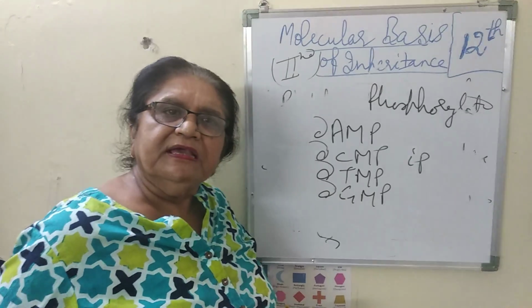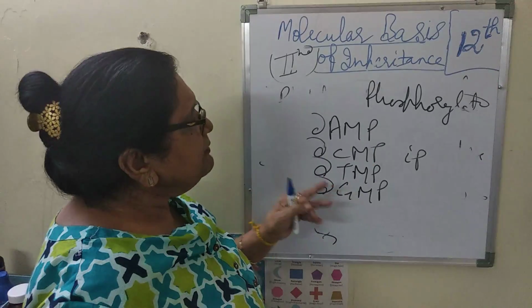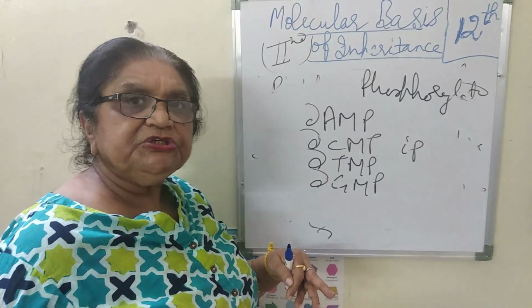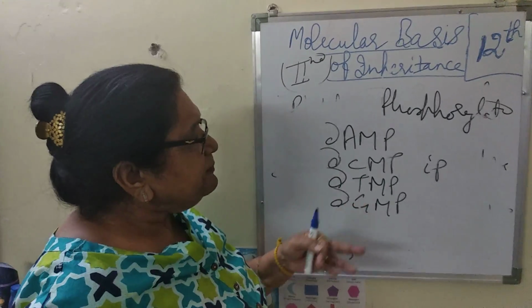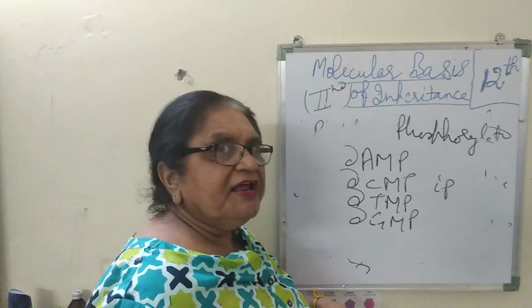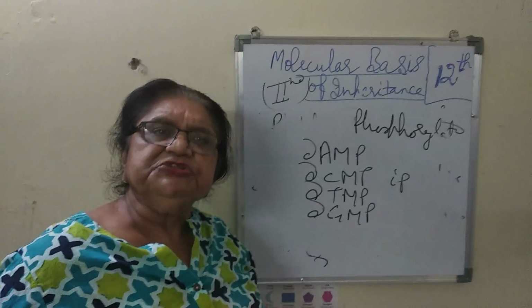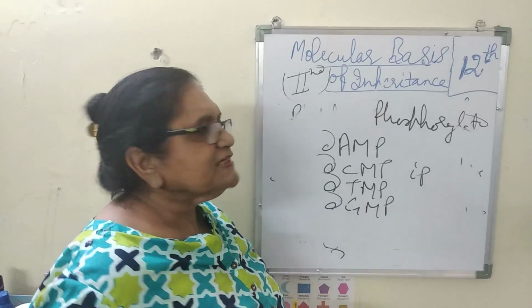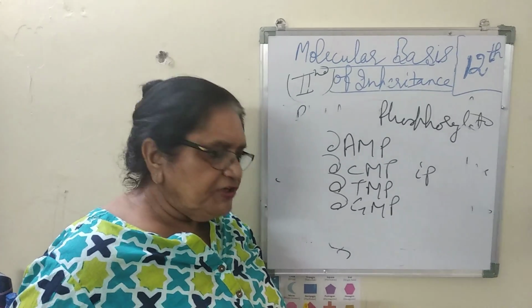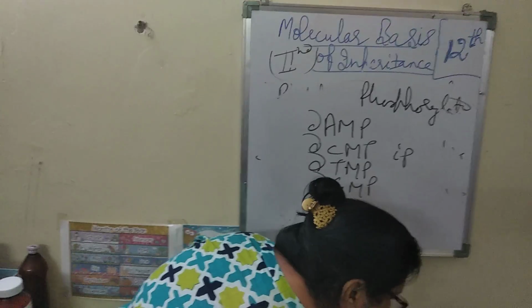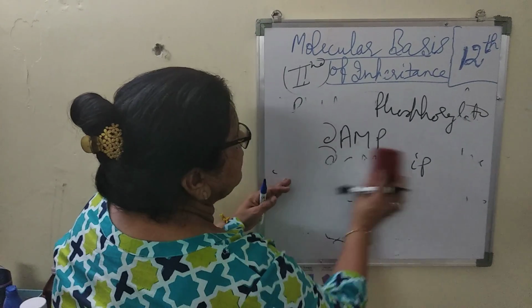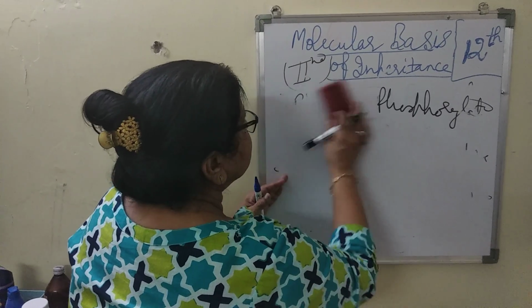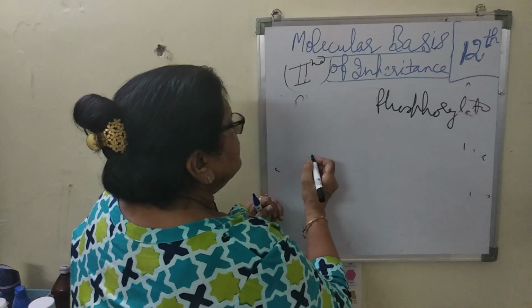So AMP, GMP, TMP change into ATP, TTP, CTP, that means they are in the triphosphate form. Monophosphate changes into triphosphate, and this first step is called activation of deoxyribonucleotide.